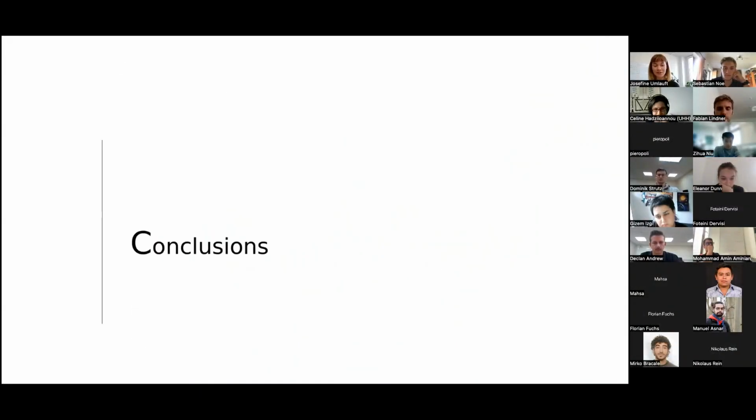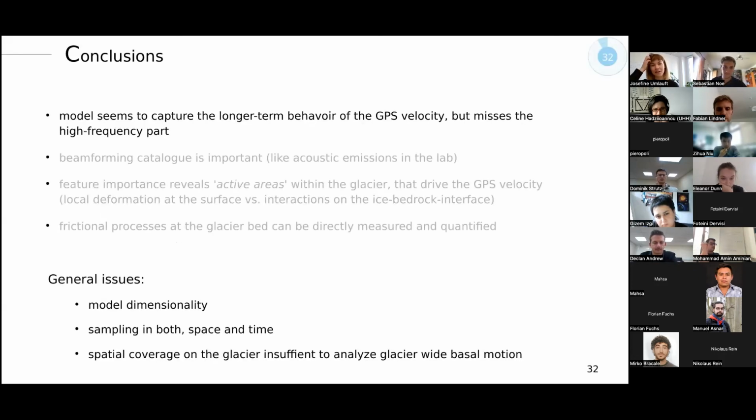My conclusion is also, because of that, not very positive. We can say that the longer term behavior is captured okay to nicely, but that we missed the high frequency part. What I have in gray here is what we would like to see.